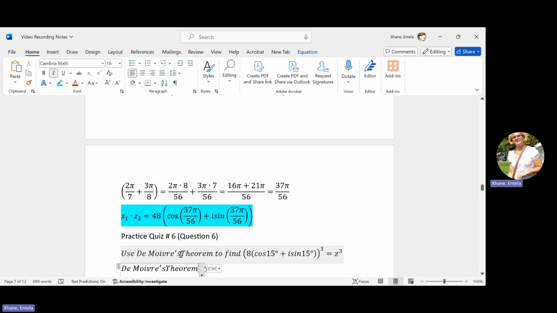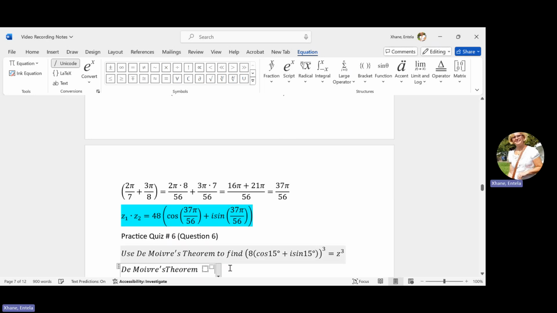If you have z raised to a power n, where n is a positive integer or a countable number, then the modulus r must be raised to the power n. And when it comes to the argument, it must be multiplied by n. So n times theta means that argument theta is multiplied by n.